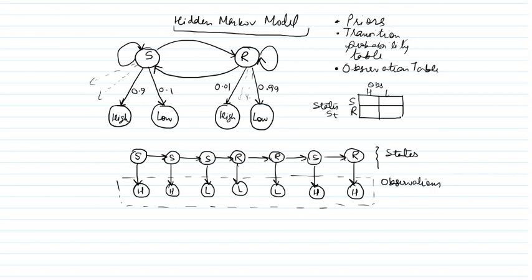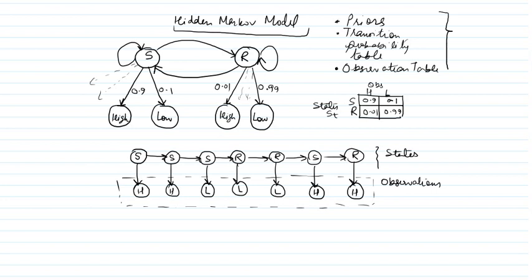On a sunny day, high is 0.9 and low is 0.1, and on a rainy day high is 0.01 and low is 0.99, right? So in this way a hidden Markov model can be represented by these 3 tables.